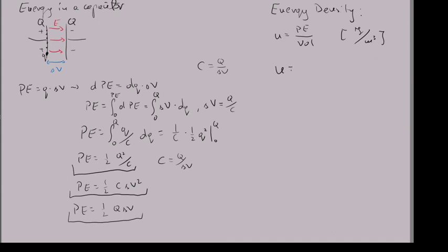So the energy density would be, let's pick the equation that we need to get somewhere, half C delta V squared. Okay, so half C delta V squared is the one we will use, and we will divide it by the volume of the capacitor, and that's just going to be the area of one of the plates times the separation between the plates.